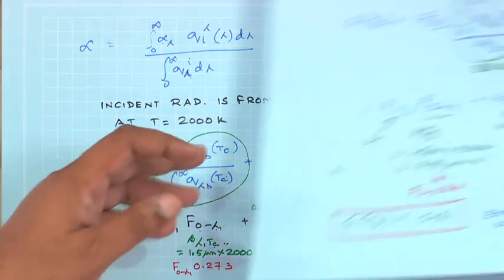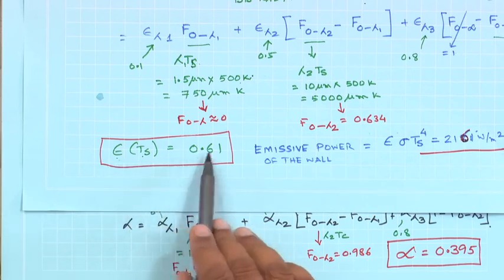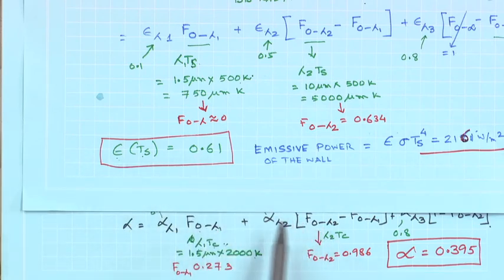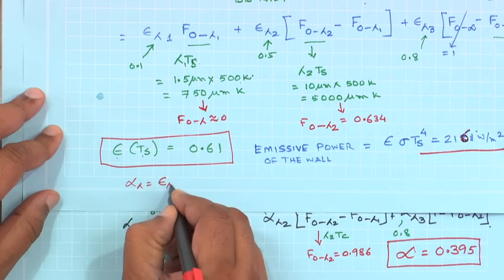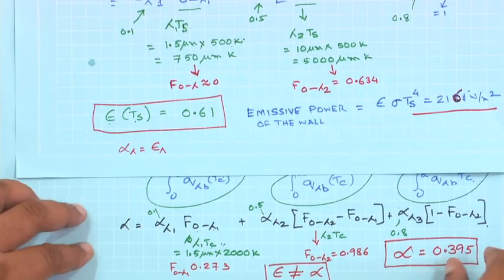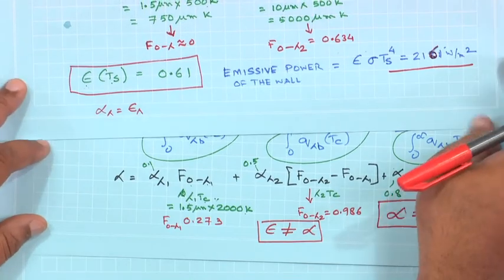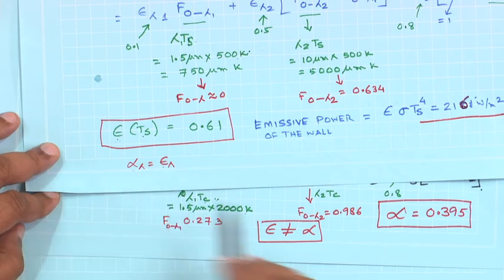See, the value of the hemispherical absorptivity is equal to 0.395. Compare that with the value of the hemispherical emissivity, which is 0.61. So, even though alpha lambda is equal to epsilon lambda, epsilon is not equal to alpha. That is the message which I would like you to take from this class. The spectral values of emissivity and absorptivity may be the same, but the hemispherical absorptivity may not be equal to the hemispherical emissivity.